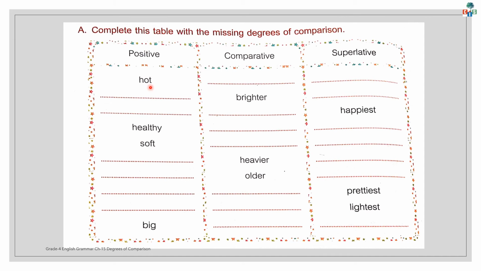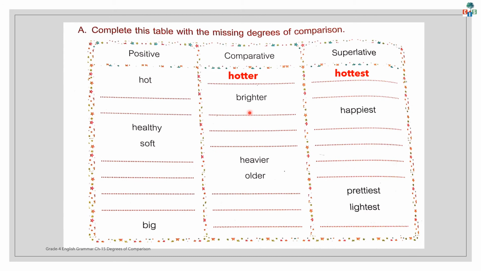This is in the positive degree, and when you change it into comparative degree, it will be hotter. And for superlative degree, it will be hottest. Just add ER and EST. Yes, what you have to keep in mind? You have to double the ending consonant. Okay, because before this consonant, a vowel is there.